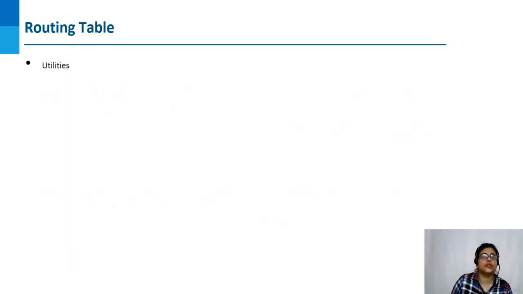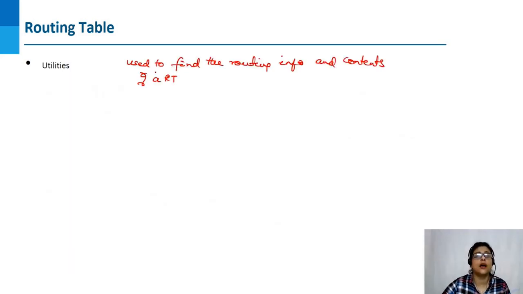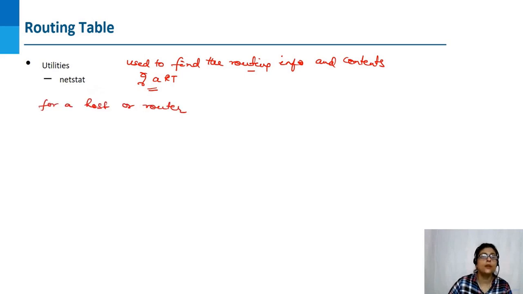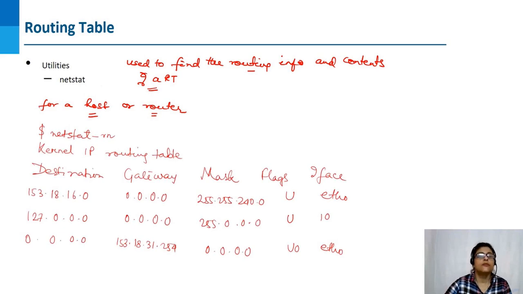Next we go to utilities. Utilities mainly are used to find the routing information and contents of a routing table. There are 2 types of utilities that we will be learning here. One is netstat. Netstat basically will help us find the routing information of a host or a router. For example, this is the Unix or Linux command.